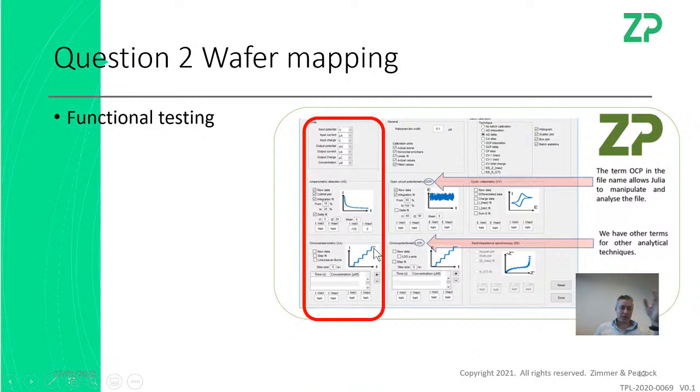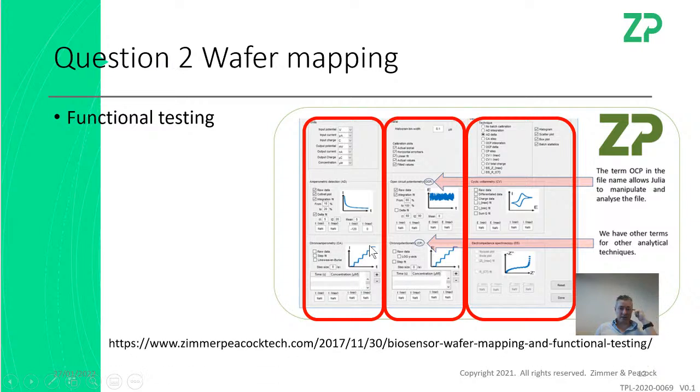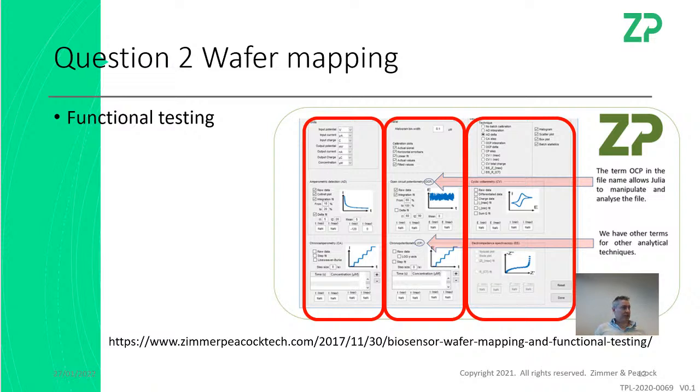It could be an amperometric test, a potentiometric test, a voltammetric test, or something like an impedance test. We call that wafer mapping. We take sensors from various parts of the batch, beginning, middle, and end, and check sheets of sensors and make sure that they're within some sort of functional spec.